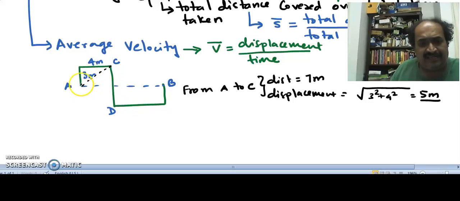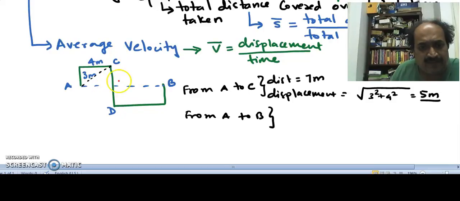Similarly, if you are talking of from, let's say, A to B, then your distance will become here. Let me mark this as 3 meter, 3 meter, 4 meter, and again 3 meter.